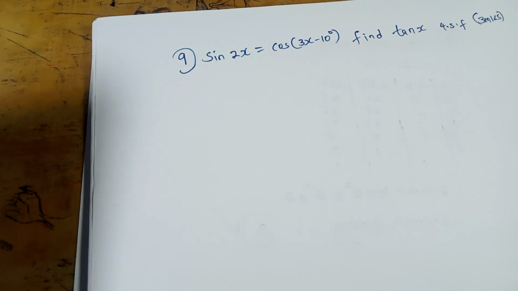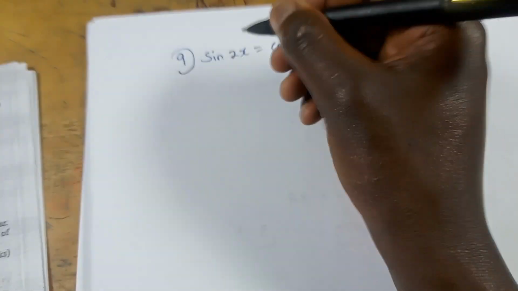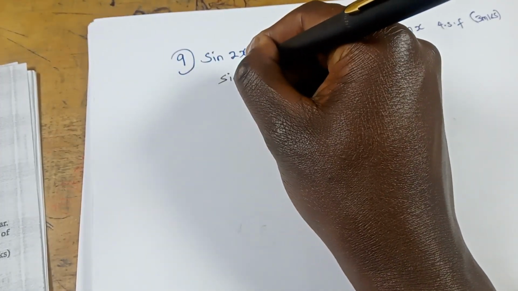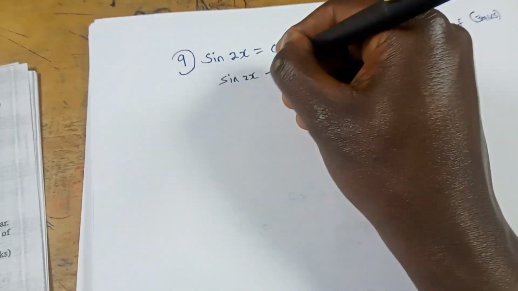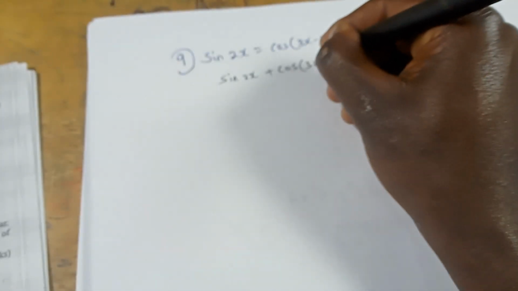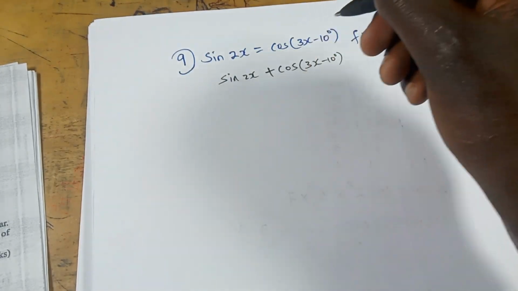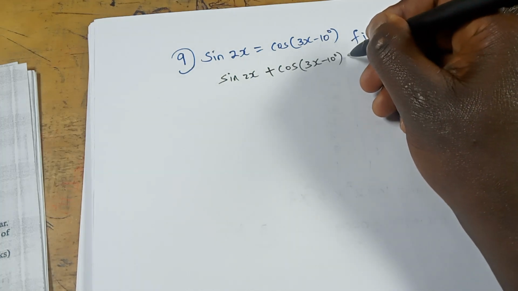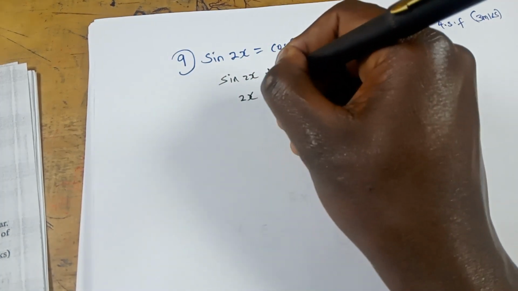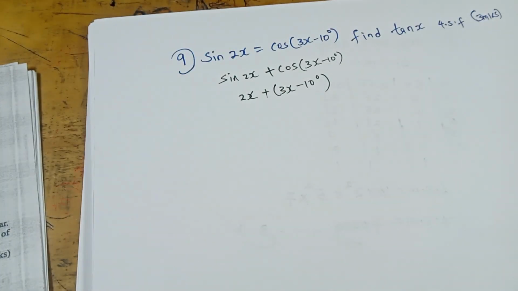So that simply says that sine of 2x plus cosine of (3x minus 10 degrees), the two angles add up to 90. Therefore, 2x plus (3x minus 10 degrees) adds up to 90 degrees.